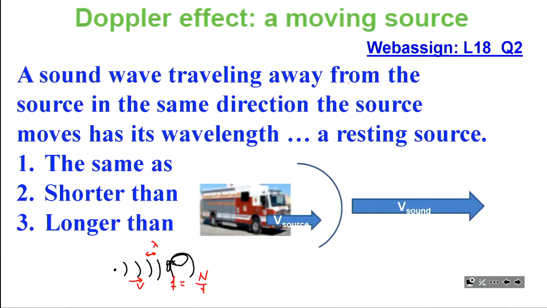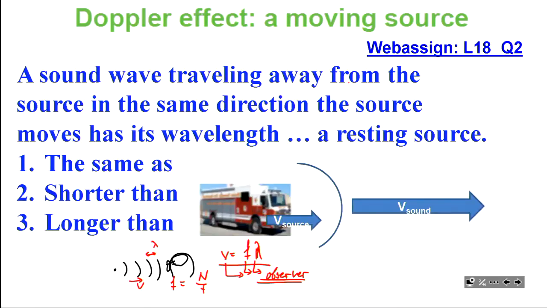So these three variables are related: frequency, wavelength, speed of the sound. They all have to be measured by the same person, an observer. That's very important. This observer might be at rest relative to the ground, or might be moving. It doesn't matter for this situation.